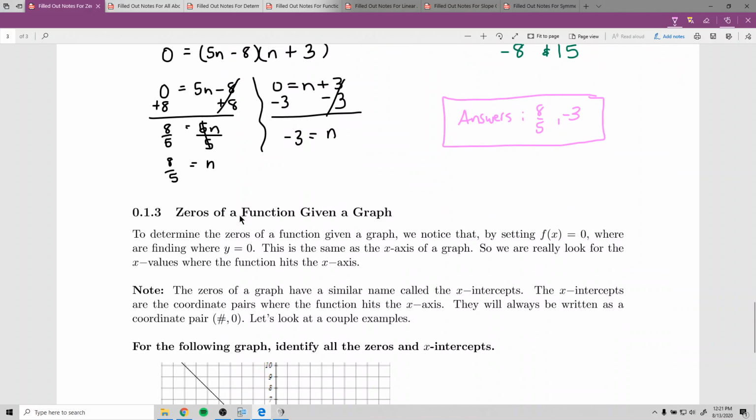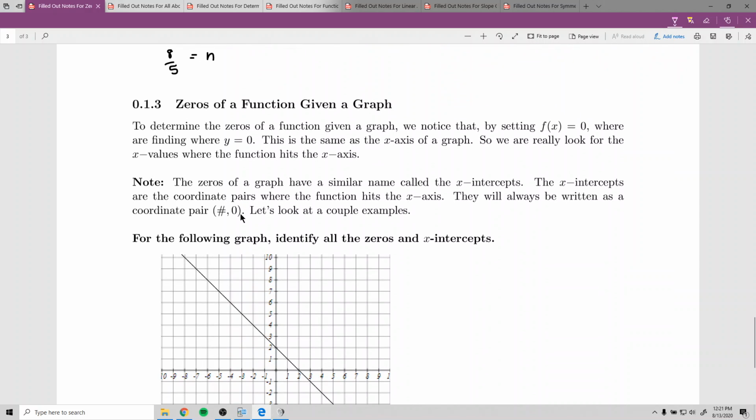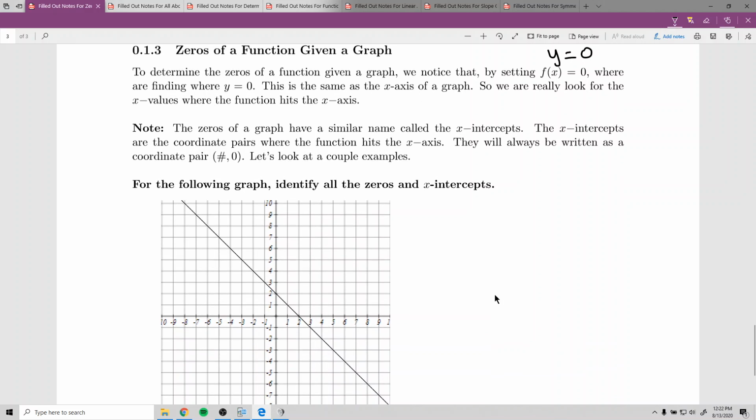Now the last part of this section is zeros of a function given a graph. This is very, very straightforward, except there is one new word, and you have to be careful when you write the answer. To determine the zeros of a function given a graph, you set f of x, which is basically y, equal to 0. But where y equals 0, that's the same as the x-axis.